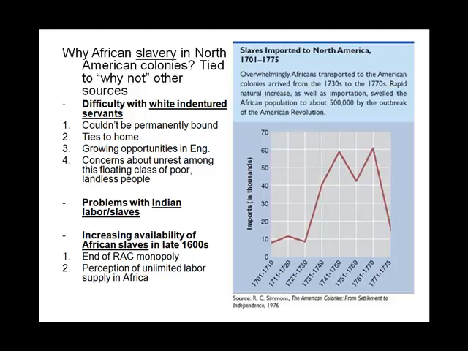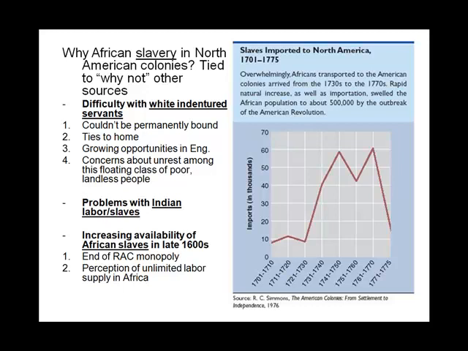They can just stay in England and earn a living. And there's also a concern in the colonies for this growing population of poor, landless people, who are coming out of indentured servitude at a time when there's less land that needs to be cultivated.